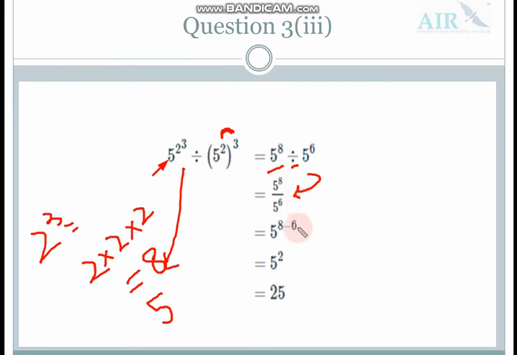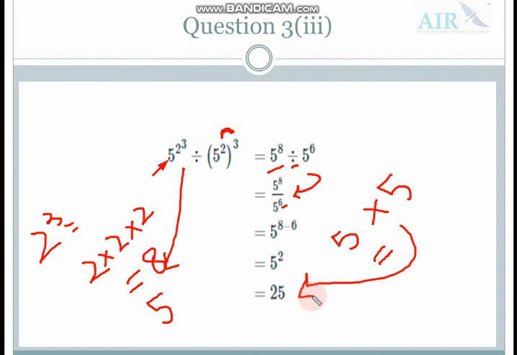After writing in fraction form, just get this denominator into the numerator. Why? Because your bases are the same. So according to the law of exponent, if your bases are the same and you have a quotient, then your powers will be subtracted, and this is 5 power 2, and 5 power 2 is basically 25. Why? As 5 power 2 is basically 5 into 5, and 5 into 5 is equal to 25. So this is how you have to solve question number 3 part number 3.